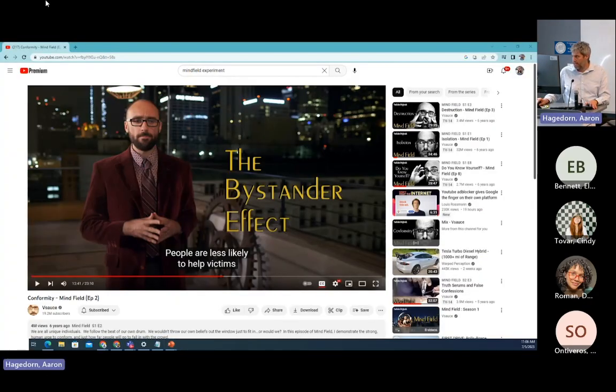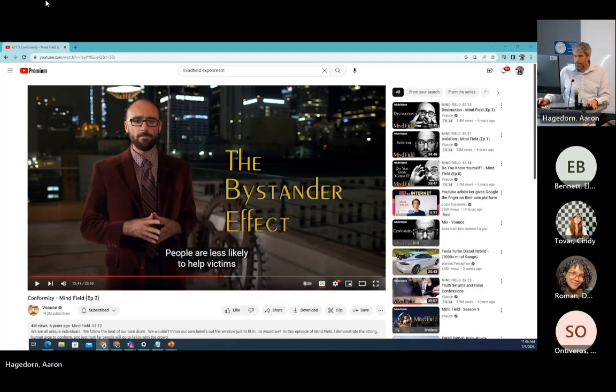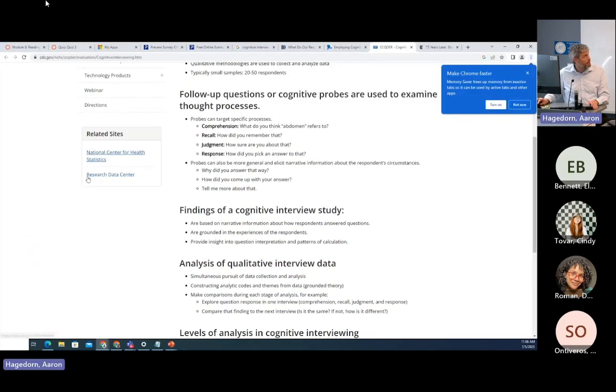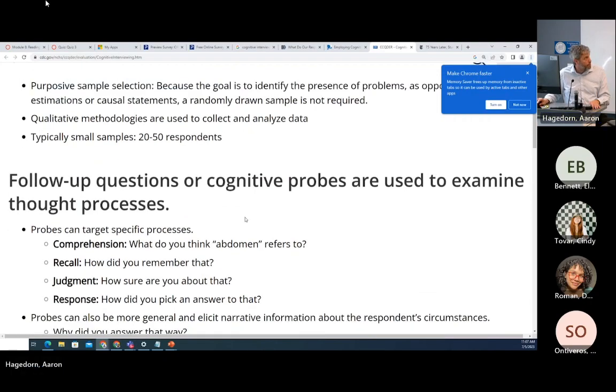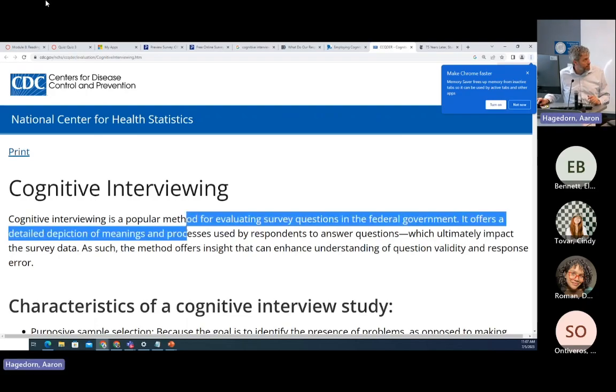One way we can do that is something called cognitive interviewing. With cognitive interviewing, this is a process where we test out a question, to evaluate the survey questions before they're offered to millions of people.